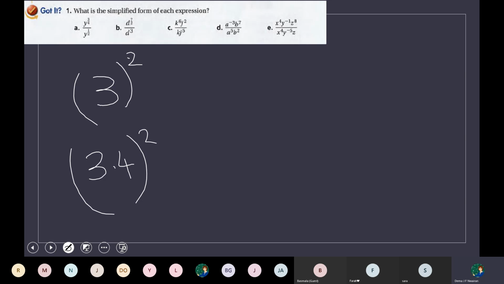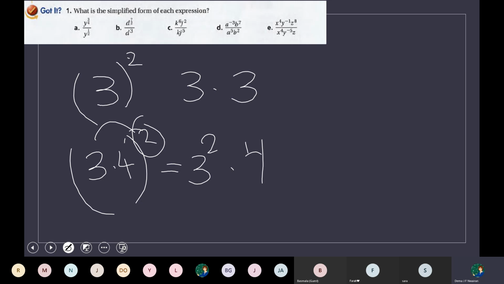The first one, I can rewrite as 3 times 3 because it is repeated. But if you have the product of 2 numbers squared, that means I have to distribute the power into the 2 numbers. So it will be 3 squared times 4 squared.